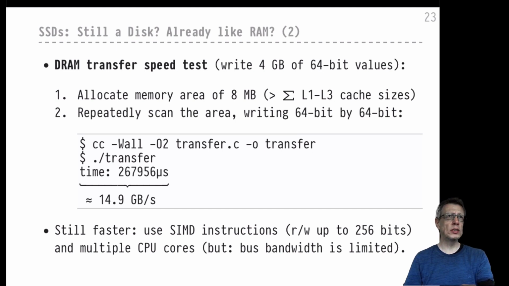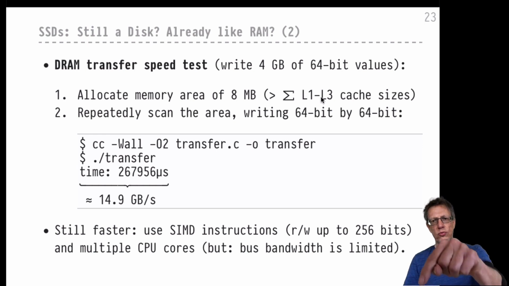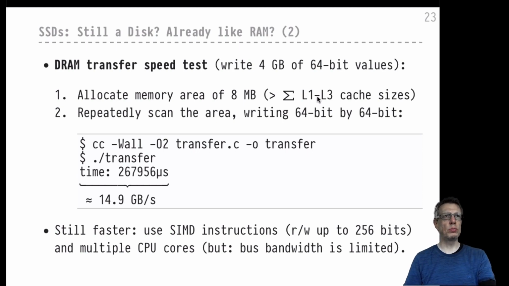And how we will do that is by allocating an area in my C program of size 8 megabytes. 8 megabytes has been chosen so that it exceeds the sum of the sizes of all of my CPU caches. So I want to make sure that the write operations I'm making here are not hitting the caches, are exceeding the cache sizes, and are really hitting the RAM. So I'm not measuring cache speed here, but I'm really measuring the RAM speed in my particular experiment.